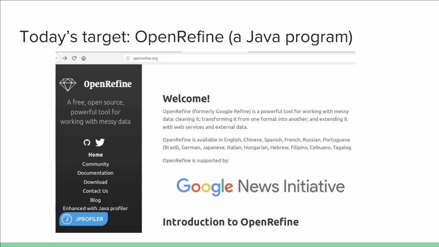All right. So to make this hands-on, we've chosen one target that we're going to look into today, and that's a program called OpenRefine. This is a Java program, and OpenRefine at some point was called Google Refine, and it's a tool that journalists use to refine messy data.